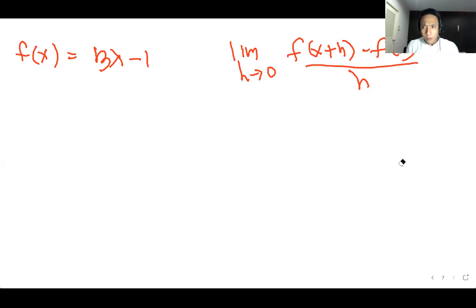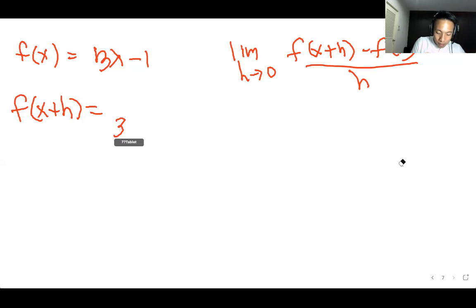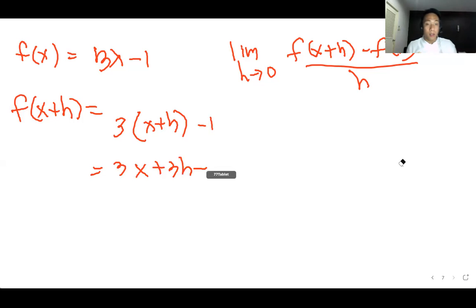Okay, so we have now here, we need to find the f of x plus h, right? That means we will change every x to x plus h, correct? So we have 3 times x plus h minus 1. So it will become 3x plus 3h minus 1.